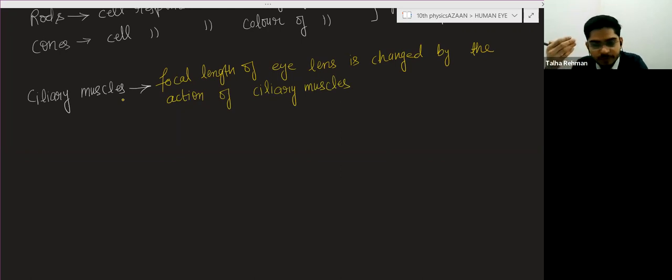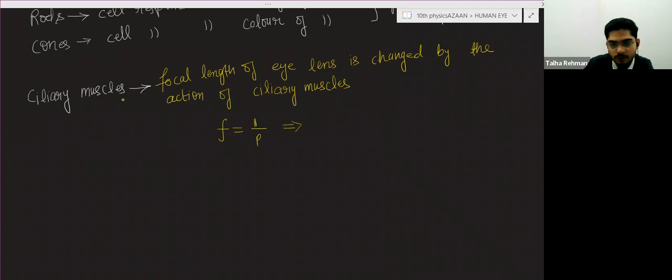If the focal length of the lens changes, then the power can also be changed. We know that power of the lens is equal to 1 upon focal length. So if focal length changes, then power of the lens will also change.